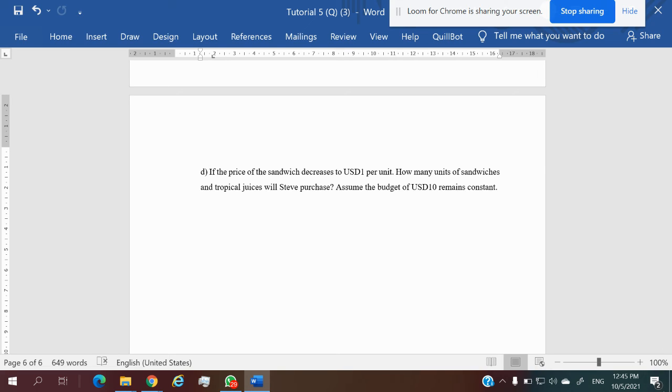So this means that we need to find the new combination of goods using the optimality formula. Right? MUS over PS equal to MUT over PT, sorry.